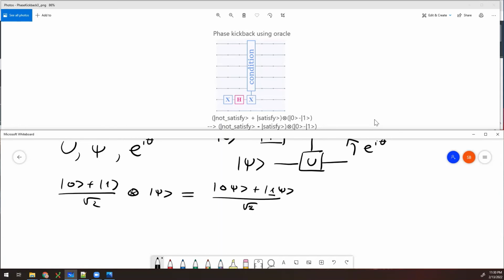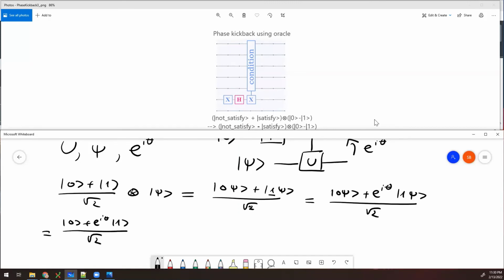But U applied to psi is just e to the I phi times psi. So this is equal to 0 psi plus e to the I phi psi over square root of 2. And this is just 0 plus e to the I phi 1 over square root of 2. And the target is left in the eigenstate.